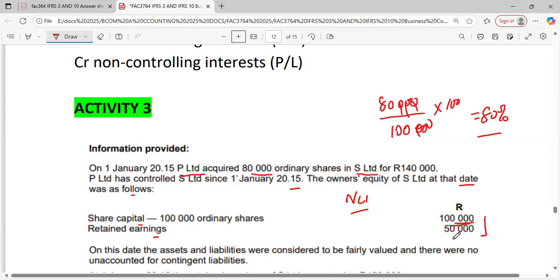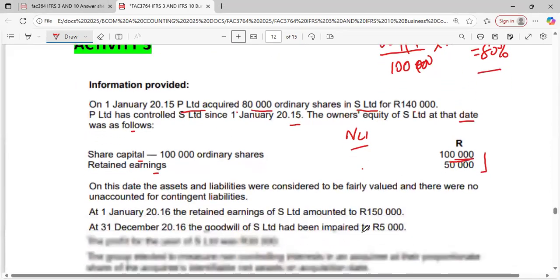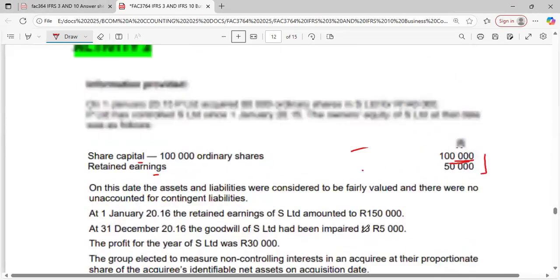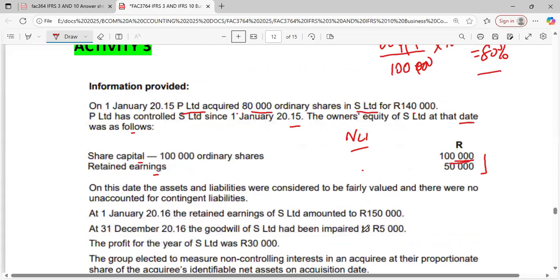They acquired this value of equity at acquisition, 100,000 ordinary shares and retained earnings of 50,000. Right, then let's look at what else we have there. Then they go on and say, on this date, the assets and liabilities were considered to be fairly valued and there were no unaccounted for contingent liabilities.